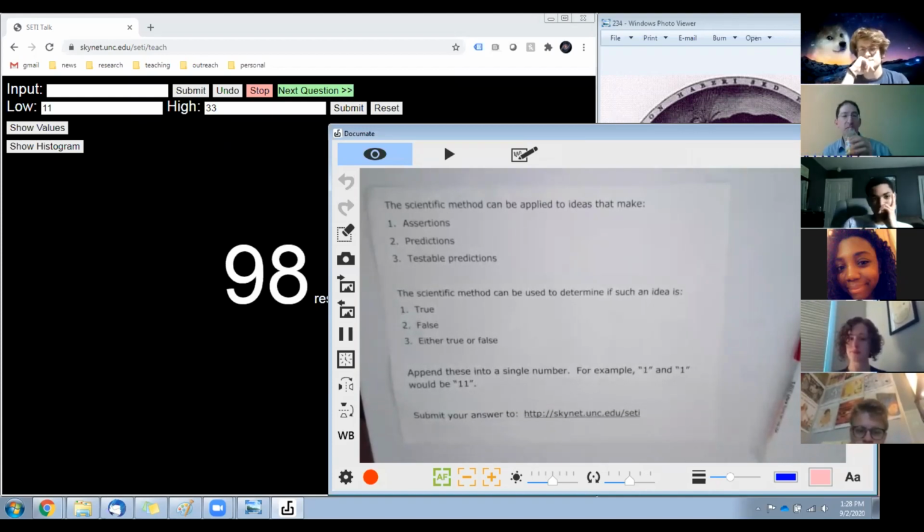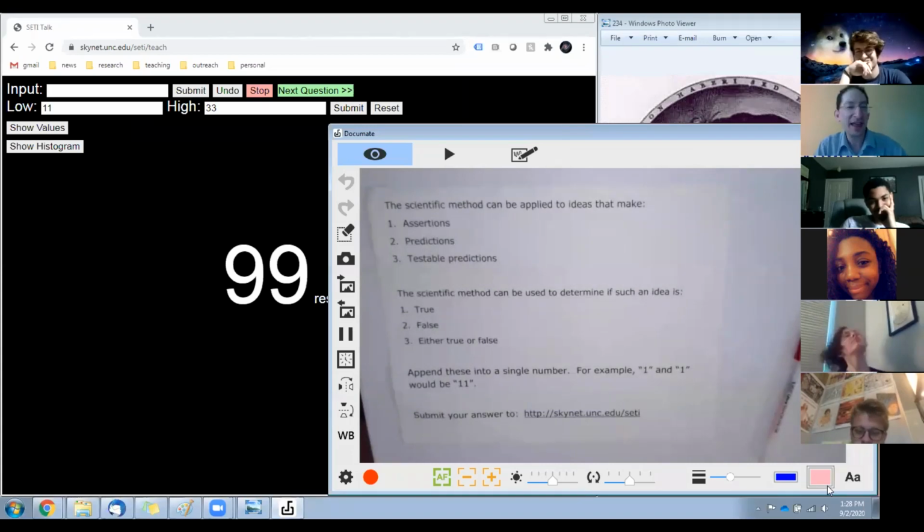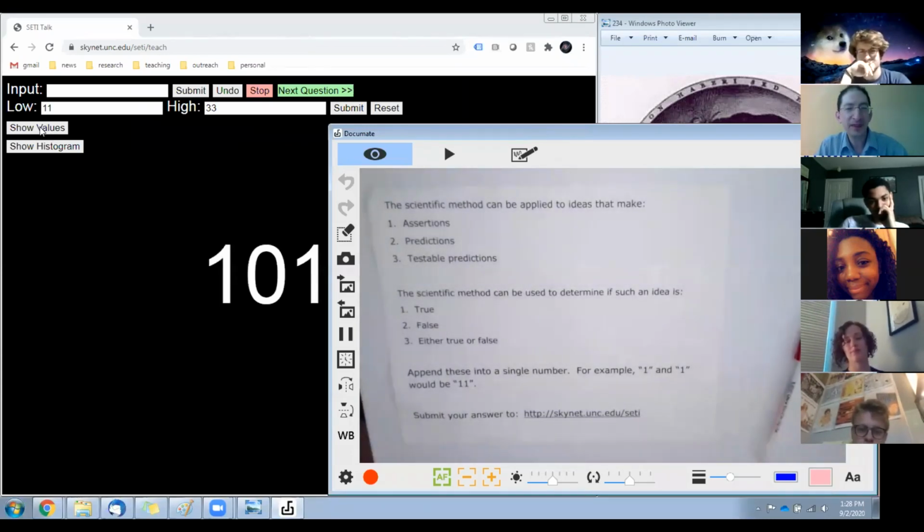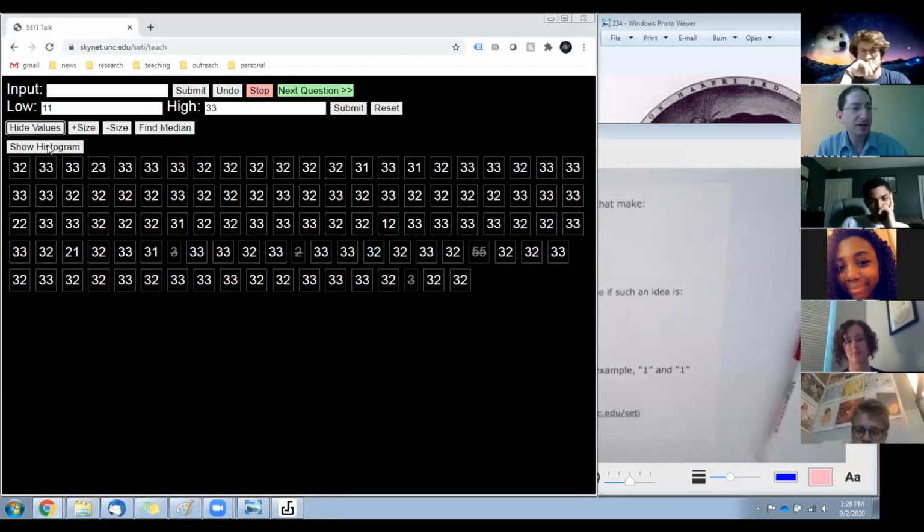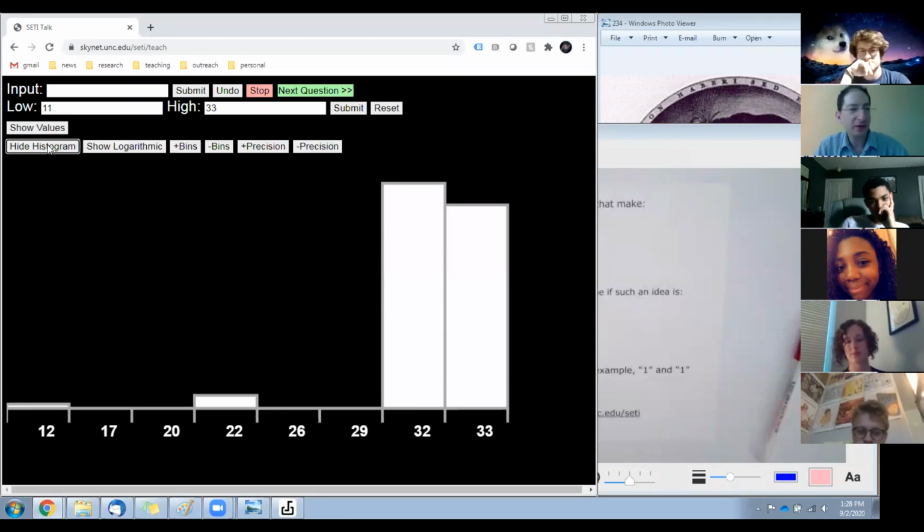Let's at least get it up to 100. Every time I set a goal, the counter stops right short of it. 99, we'll go with that. There we go. Okay, show histogram. Between 3.2 and 3.3.